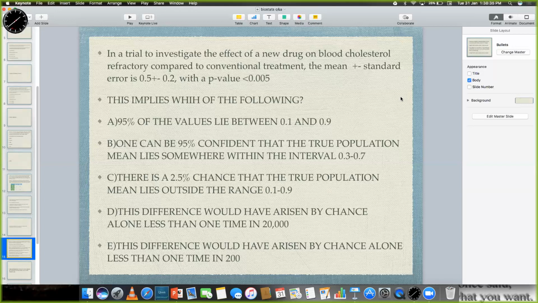Okay. Shall we move on to discussing the answer?